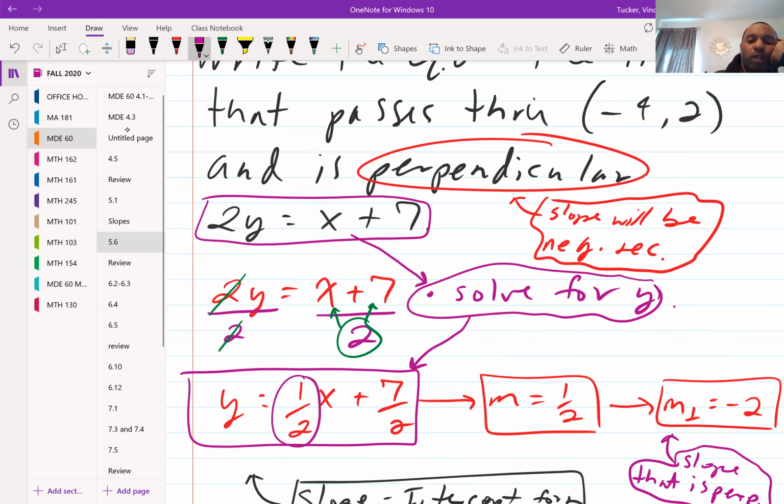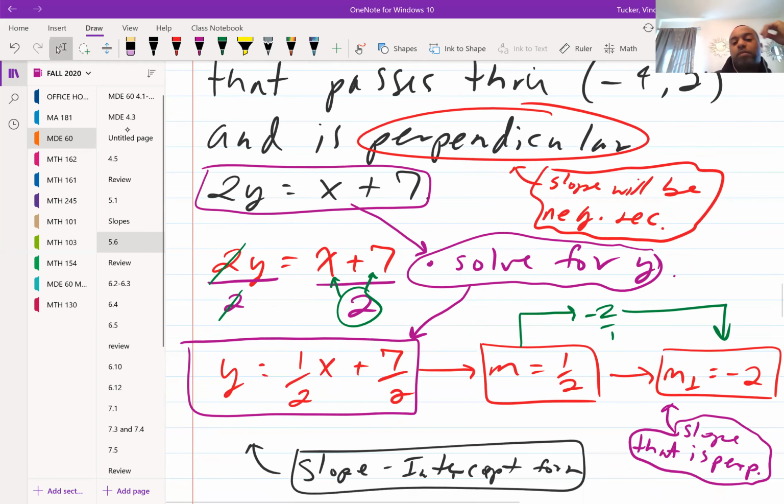So that's what I wrote right here. But remember, we don't want that slope. We want the slope of the line that's perpendicular to that. So that means we're going to take the negative reciprocal of it. So we're going to flip it, which is 2 over 1, and then use the opposite sign, which is negative. So that's how we got -2. So make sure we're all right with that.